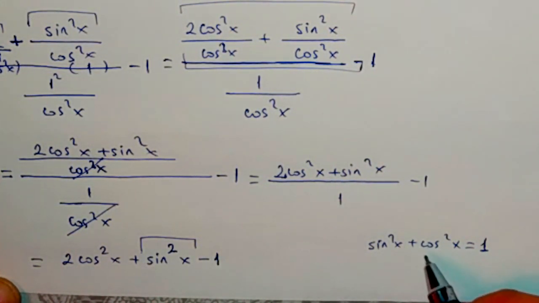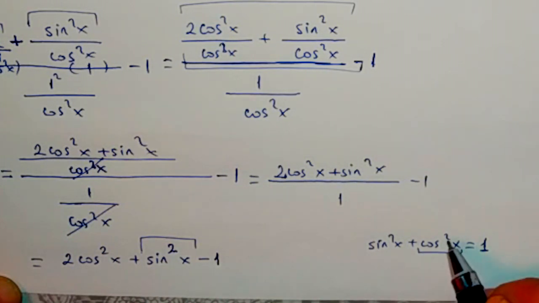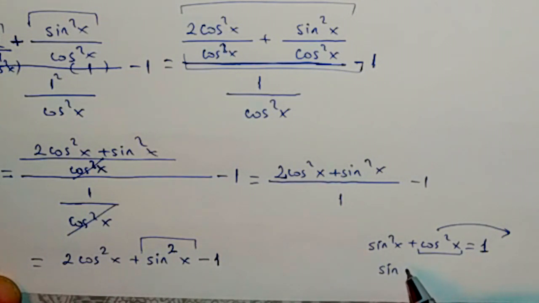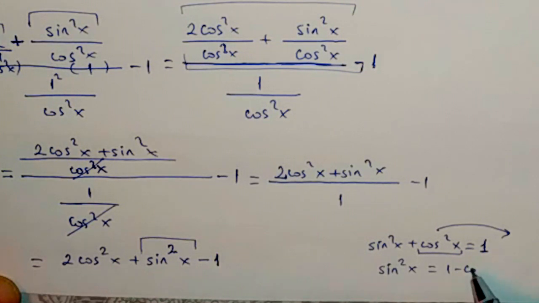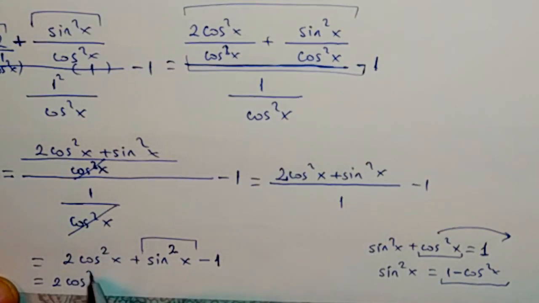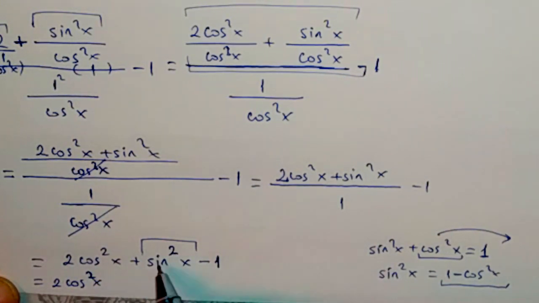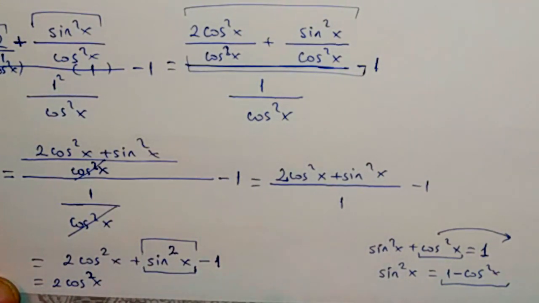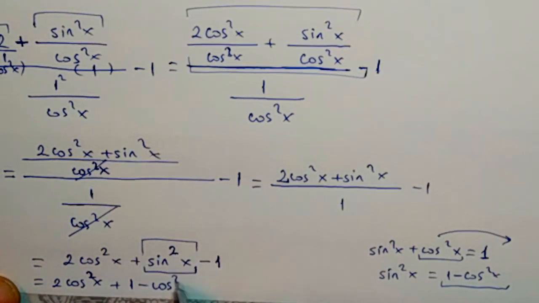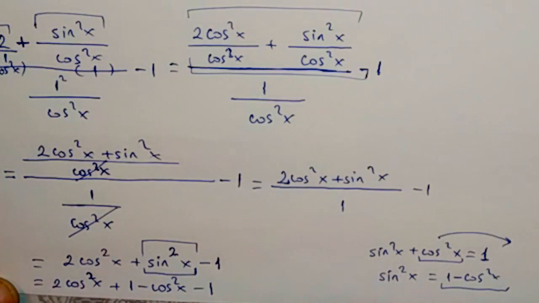If we move cosine square x to the right side, on the left side we will get sine square x, and on the right side we will get 1 minus cosine square x. So instead of sine square x, I can write 1 minus cosine square x. So 2 cosine square x, instead of this part, I can write 1 minus cosine square x minus 1.